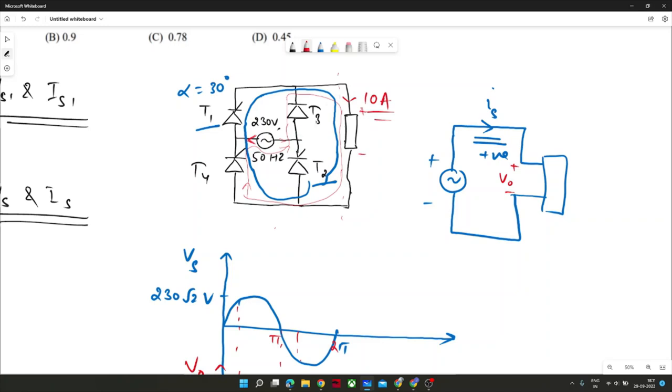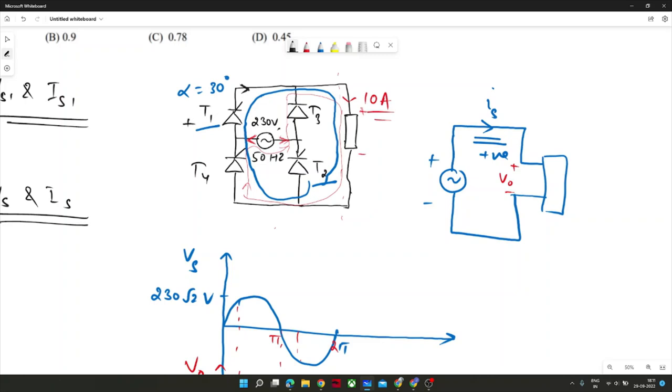But when T3 and T4 are in forward conduction mode, then what will happen? Sir, T1 direction, up direction, down direction. T1 is up direction, no? Let me show you. T1 is in this direction.